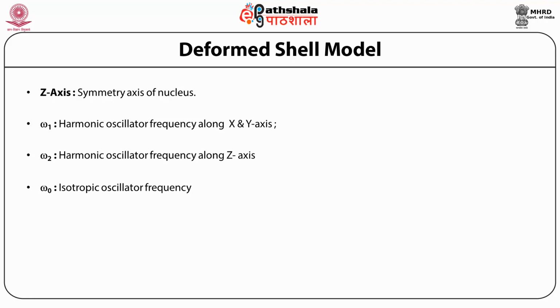In a similar way, if we consider the vibrations of the nucleus, then the harmonic oscillator frequencies along the x and y axes are the same. Omega 2 is the harmonic oscillator frequency along the z axis, and omega 0 is the isotropic oscillator frequency, meaning the frequency for a spherical nucleus, not the deformed one. Frequencies omega 1 and omega 2 are connected to the harmonic oscillator frequency omega 0 by the following formulas.